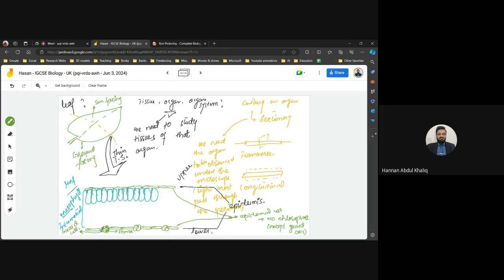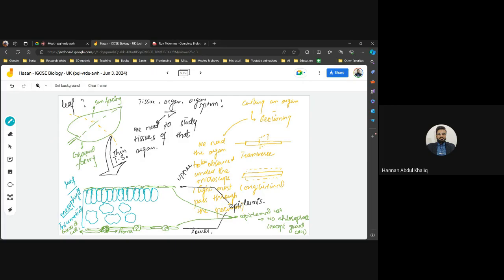Okay. Now, again, entering into the intermediate part of the leaf, this is another layer. You can clearly see two differences here.